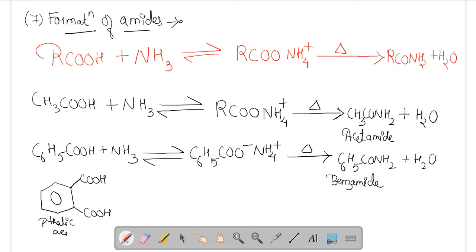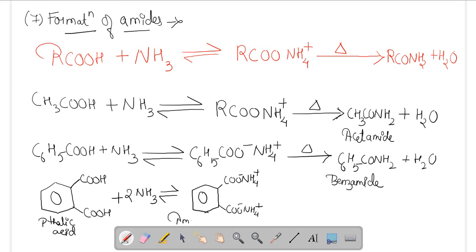If phthalic acid is reacted with ammonia, here two molecules of ammonia will be required, and the formation of ammonium phthalate will take place, COO minus NH4 plus, twice. This is ammonium phthalate.